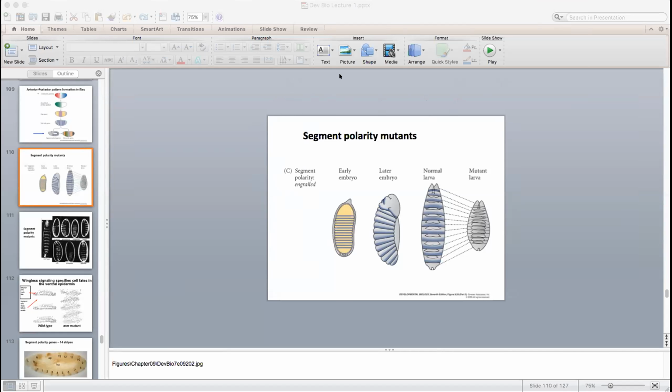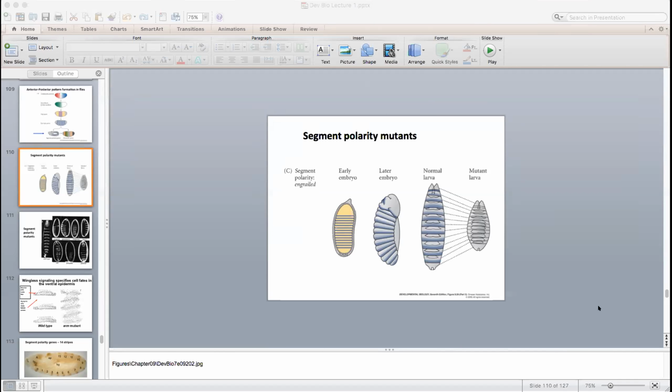So gradients of bicoid and caudal or nanos, one from anterior and the other from posterior, are going to set up the first set of genes, and the expression of the first set of genes is going to divide the embryo into four broad stripes.